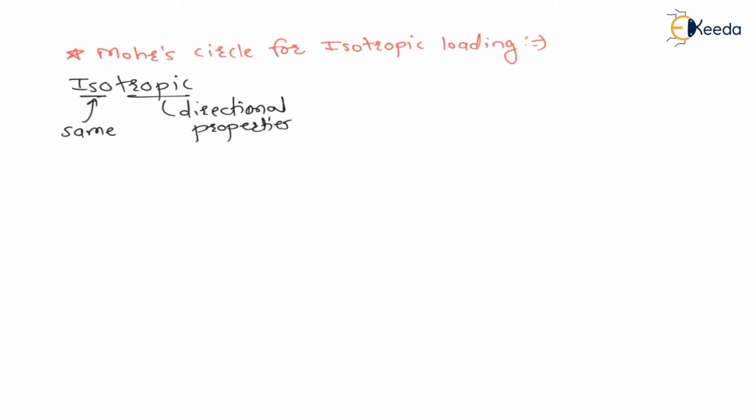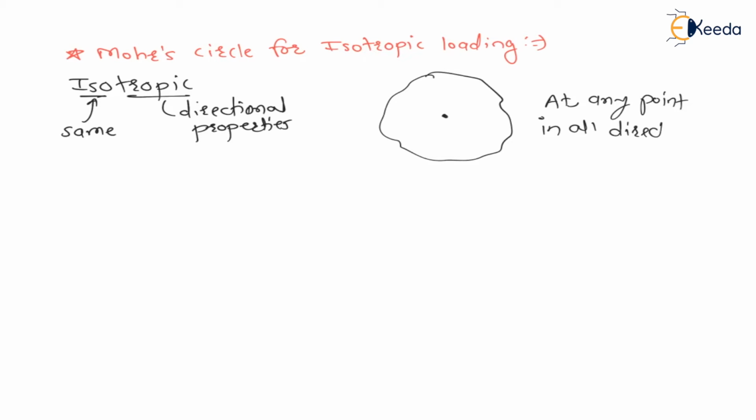Let us say I consider any material. For this material at any point, in all directions, the material properties are the same, this is called isotropic.